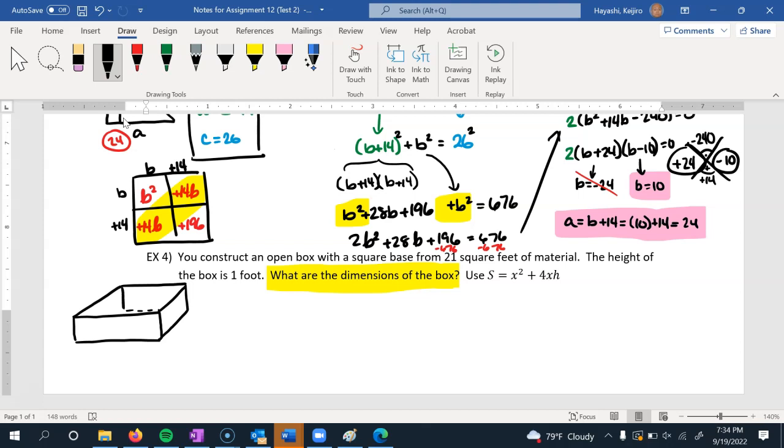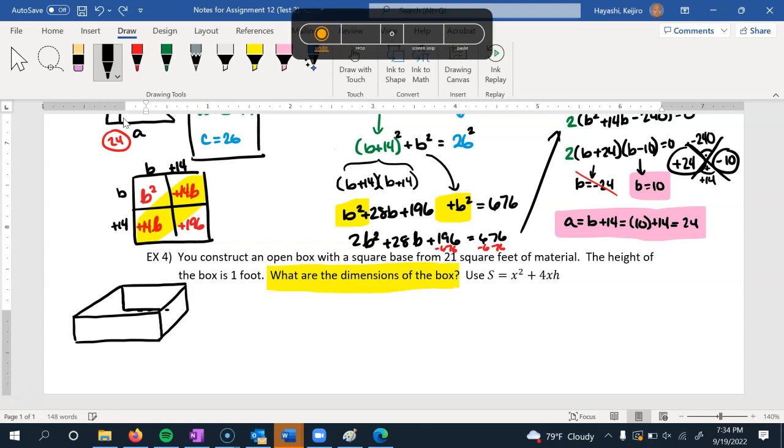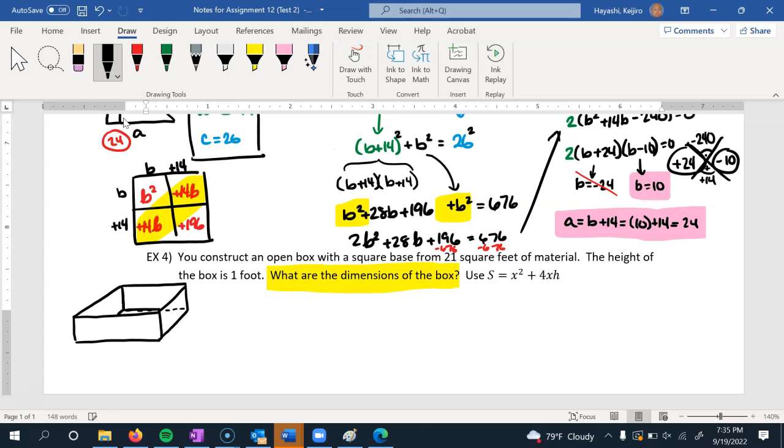Wait, I can see that part of the box. That shouldn't be a dashed line. Okay, good enough. So you can see it has the sides, it has a bottom, no top.